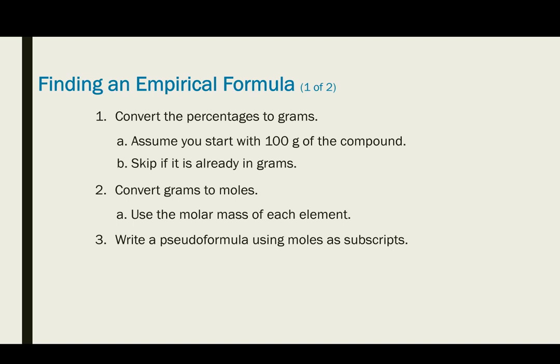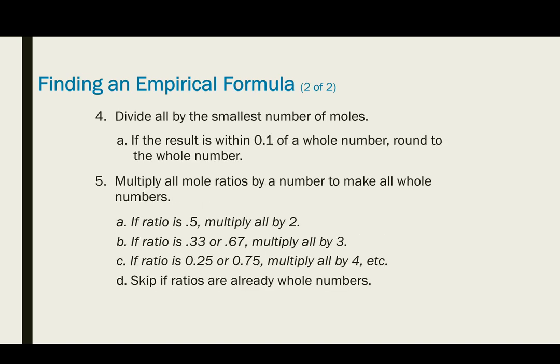And then you're going to divide by the smallest number of moles, because again, empirical formula is the smallest whole number ratio. So what you want to do is get that ratio, and the way you get that ratio is dividing by the smallest number of moles. If the result is within a tenth of a whole number, you can round to the whole number.